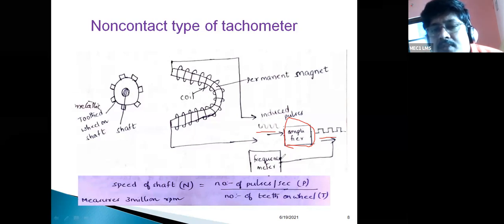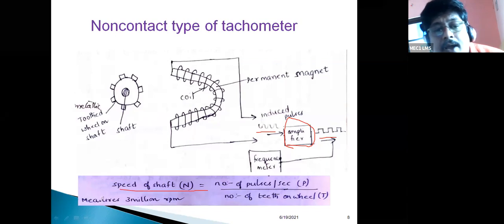In the frequency meter, we get the frequency which is proportional to the speed of the rotating shaft. See here, the speed of the shaft, N in terms of rpm, is the number of pulses per second, which is counted by a counter here, and the number of teeth on the wheel. So with the help of this formula, we can find out the speed of the shaft.